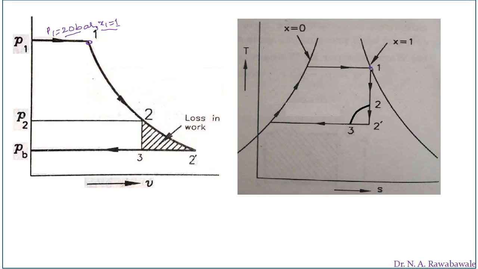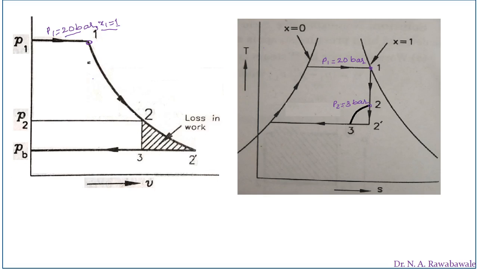At 20 bar steam enters the engine and is then isentropically expanded up to a pressure of P2 equal to 3 bar. So at 3 bar expansion is stopped and steam is exhausted.